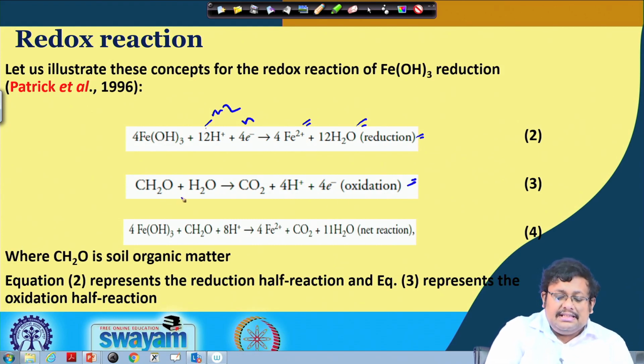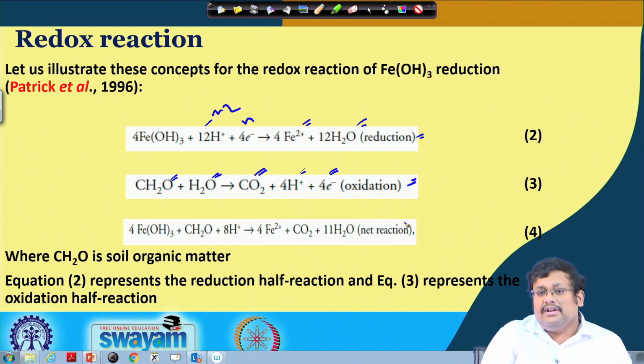You can see this CH2O, which is basically denoting soil organic matter, will be reacting with water to form carbon dioxide, 4 protons and 4 electrons. So, basically it is getting rid of electrons. So, this organic matter is getting rid of electrons, ultimately oxidized.